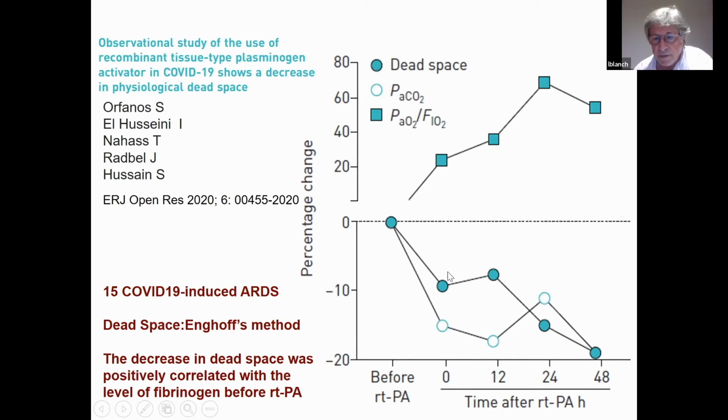See how dead space goes down. The PaCO2 goes down. At the same time, oxygenation improves. So these are only cases. This is observational, low level of evidence, but it is interesting, a behavior that resembles that of patients treated for pulmonary emboli with fibrinolysis, which I described before.